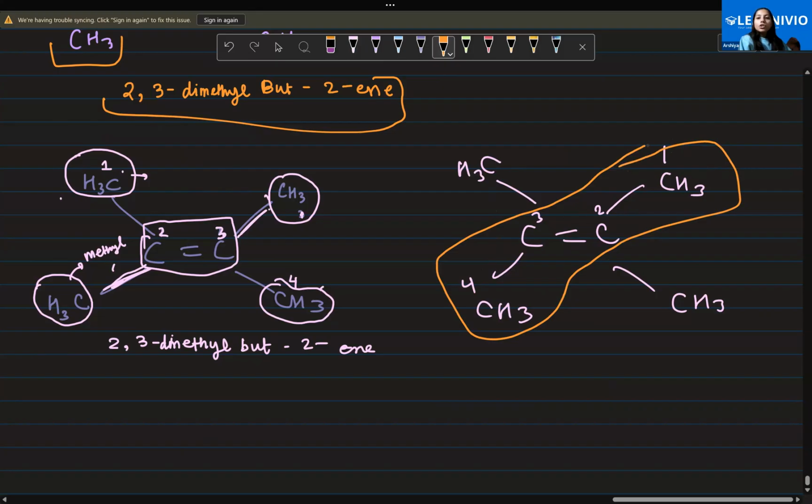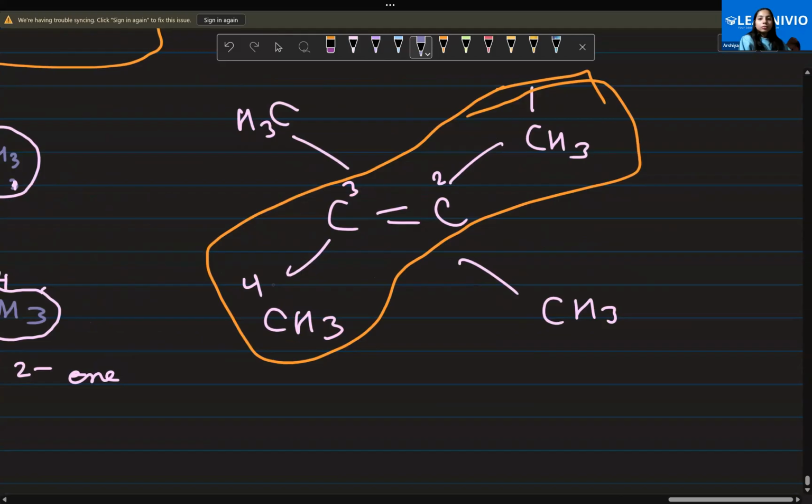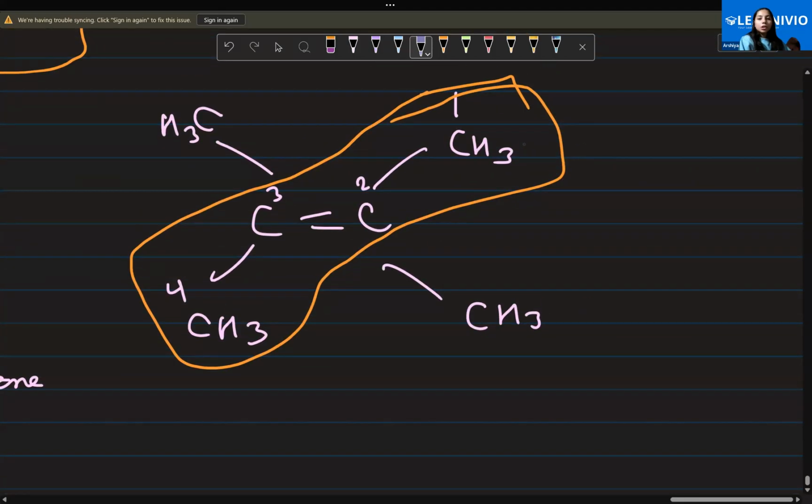Now, what position is the substituted carbon attached to? Is there any substituent attached to this first carbon? No, ma'am.